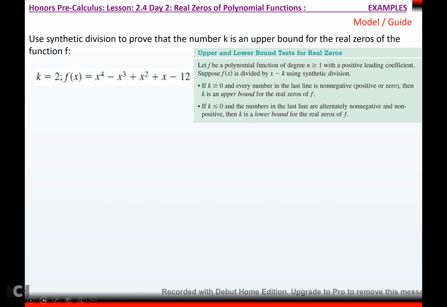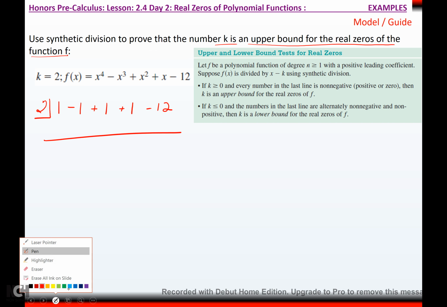Okay? So it says use synthetic division to prove that the number k is an upper bound for the real zeros of the function f. So you just divide by it synthetically. My 4th degree coefficient, 3rd degree coefficient, 2nd degree coefficient, 1st degree coefficient, constant. Okay, my zombie apocalypse. Positive 1 comes out, goes to the store, gets 2, multiplies, brings back positive 2.